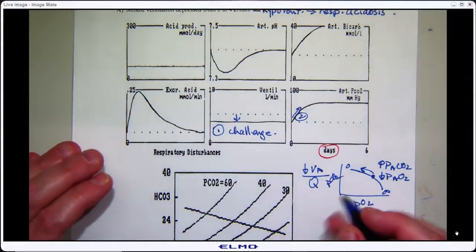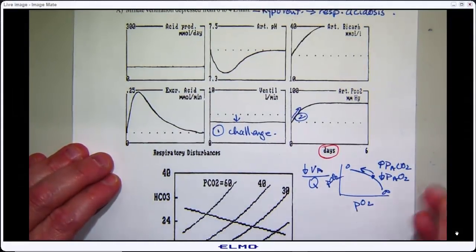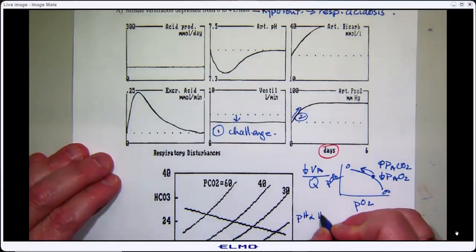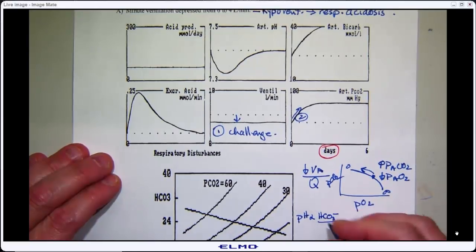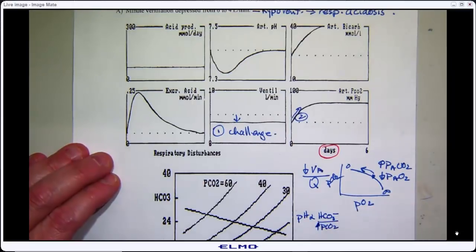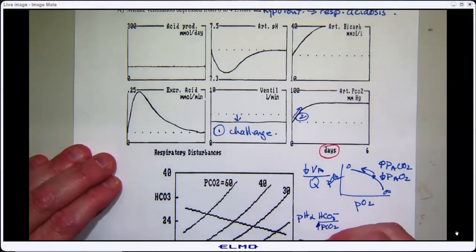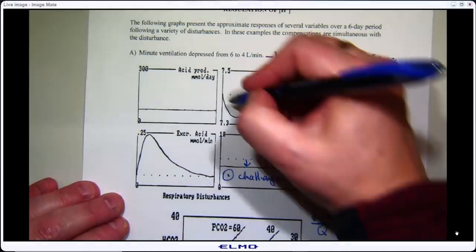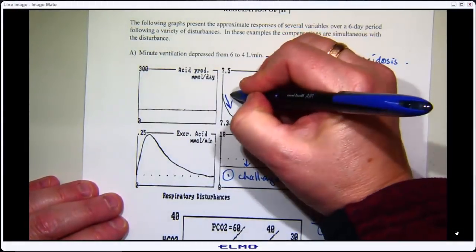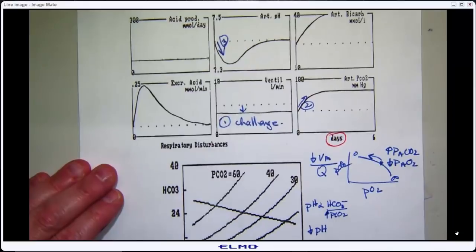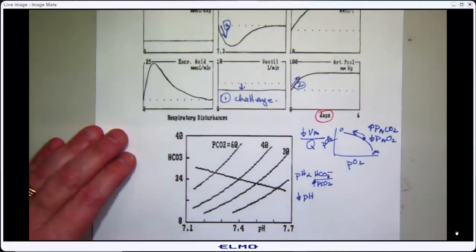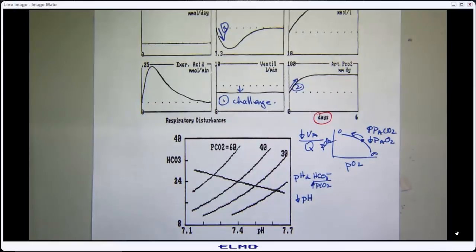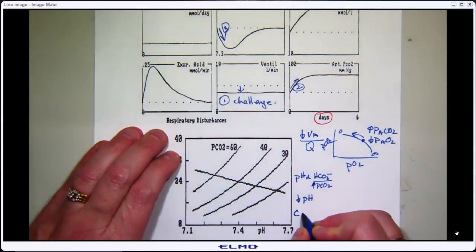So pH is proportional to bicarb over CO2. CO2 is increasing, so the number is getting smaller, so we should expect a decrease in pH. Awesome. There it is right there: decrease in pH. We could also use the equation.